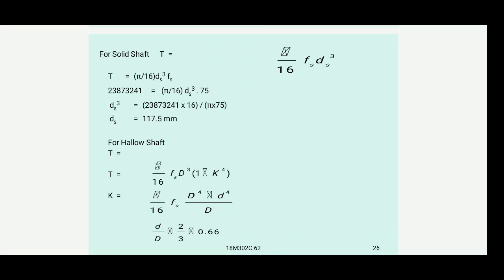T is equal to pi by 16 into Fs into capital D cube into 1 minus k to the power of 4, where k is small d by capital D, which is equal to 2 by 3, so that is 0.66.